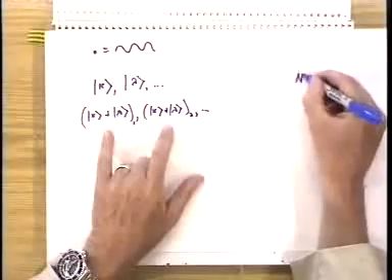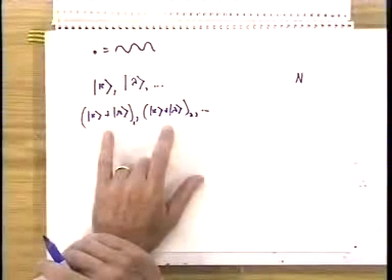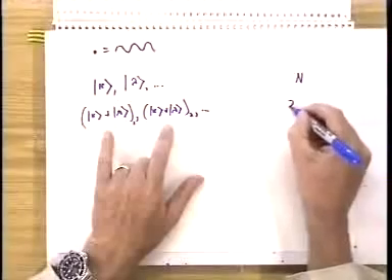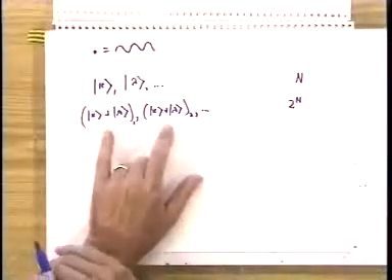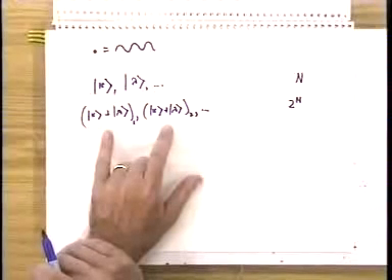And what happens is that whereas in a standard computing device, you have n of these states, in a device like this, you actually end up with 2 to the n states.